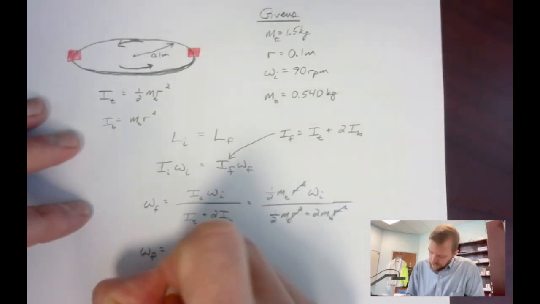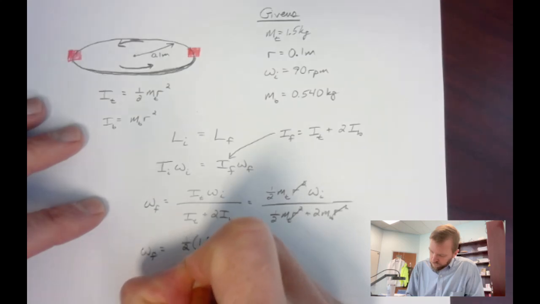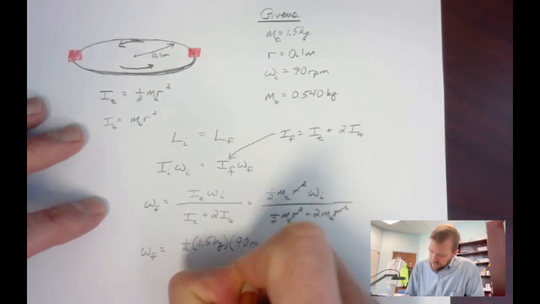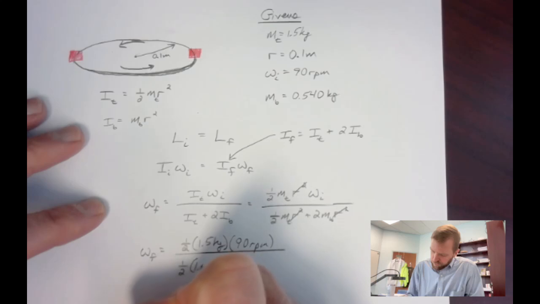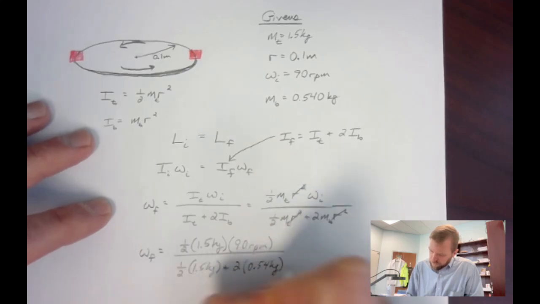We've got 1/2 times 1.5 kilograms times 90 RPM over 1/2 times 1.5 kilograms plus 2 times 0.54 kilograms.